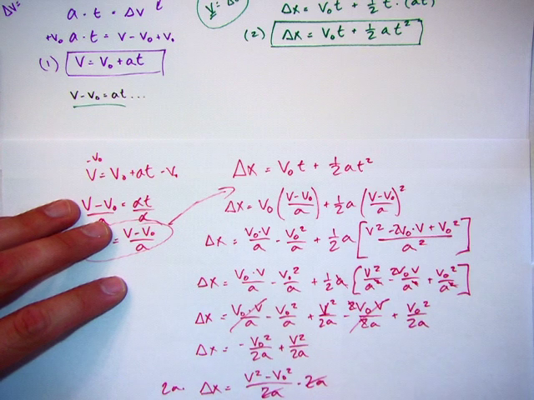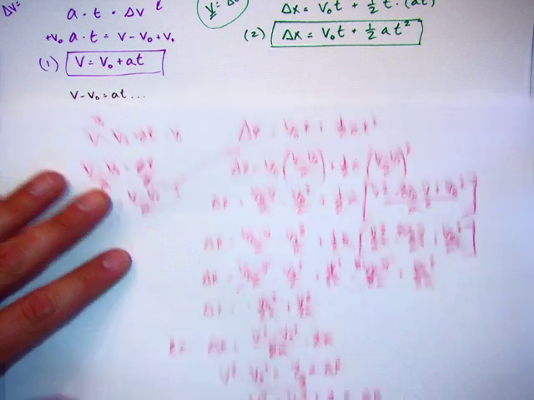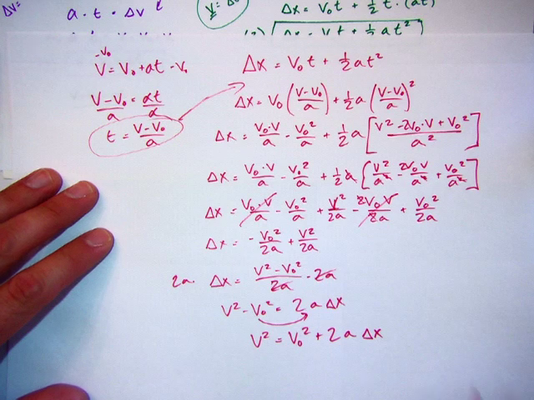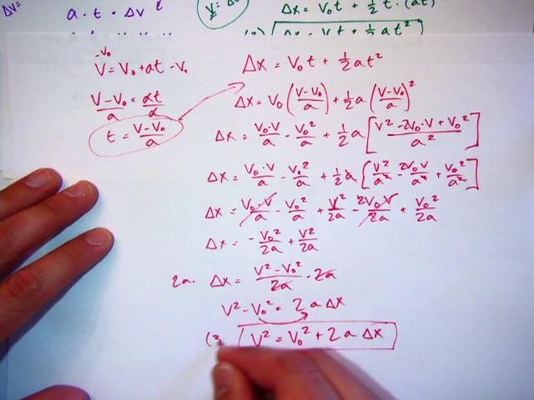I'm going to swing this over so I get my final expression. The final velocity squared is equal to the initial velocity squared plus 2 times the acceleration times the displacement. Oops, I got so far I ran off the paper. And that is equation number 3.